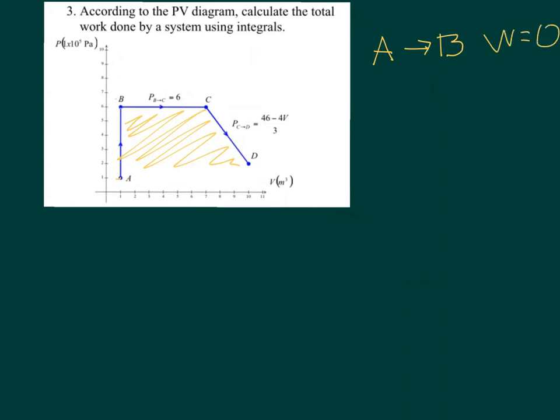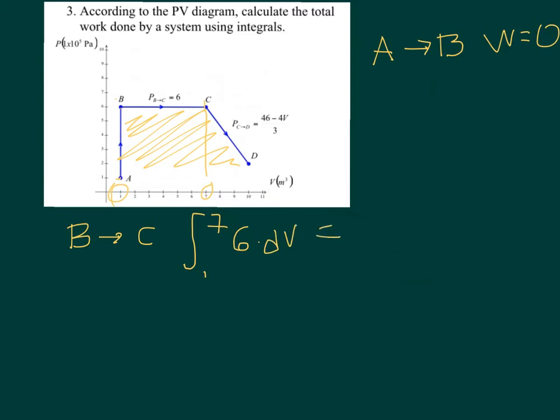Then we have the area from B to point C. That will be the integral from 1, which is this value, to 7, which is the value in which we have C, of the function, which in this case is 6, times the differential of the volume.